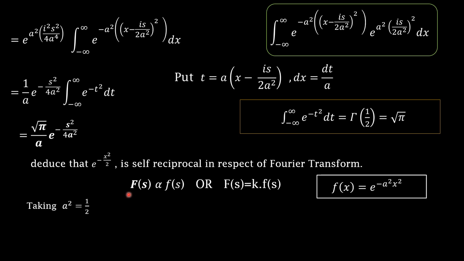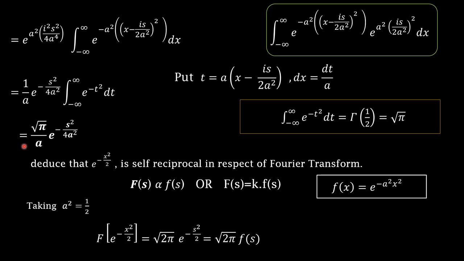Therefore, the Fourier transform of the function e to the power minus x square by 2 will be equal to, a square is equal to 1 by 2 is nothing but a is equal to, I am just taking the positive square root itself, that is 1 by root 2. So, substituting a as 1 by root 2.